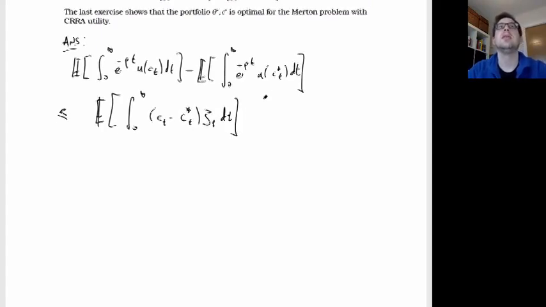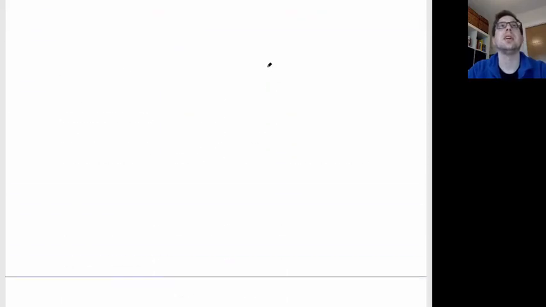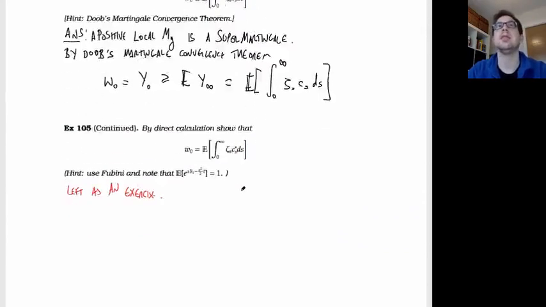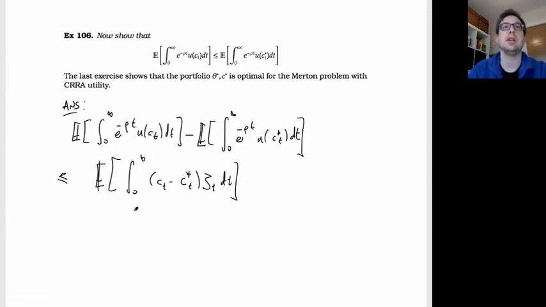From our two exercises above, we see that one part of that integral is equal to w0 and the other part is a bit less than w0. So since this is w0 and this is a little bit less than w0, we end up with something that's negative. And so c star t must be the optimal rate of consumption, since for any policy this is going to be bigger.